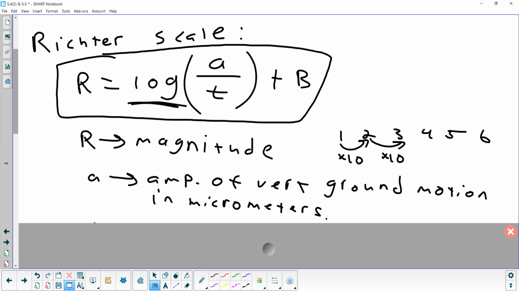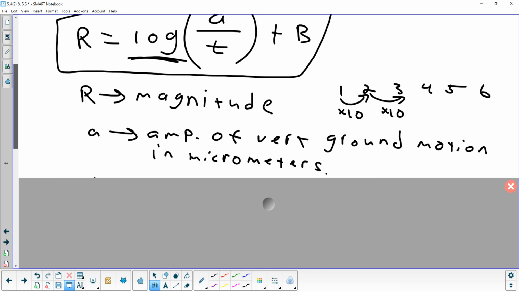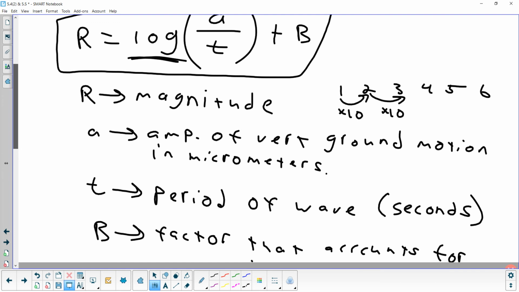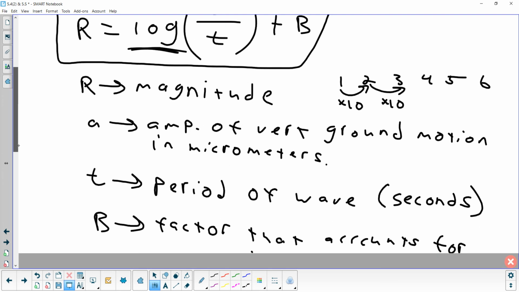Another factor that they'll give you to calculate is A, which is the amplitude of the vertical ground motion measured in micrometers. And B is a factor that accounts, oh, I forgot T, I'm sorry. T is what we call the period of the wave. We're going to study more about waves when we do trig.